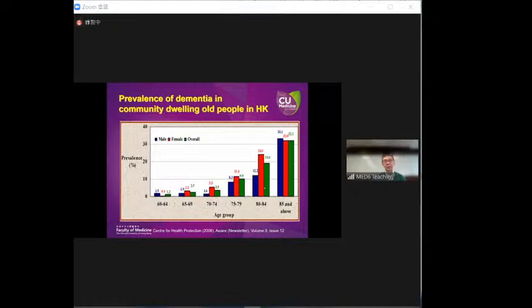So could you postulate the reason why there is such a big gender difference? Could you try to have a guess? This is an important point because clinically, you'll find that a lot of dementia patients are female.